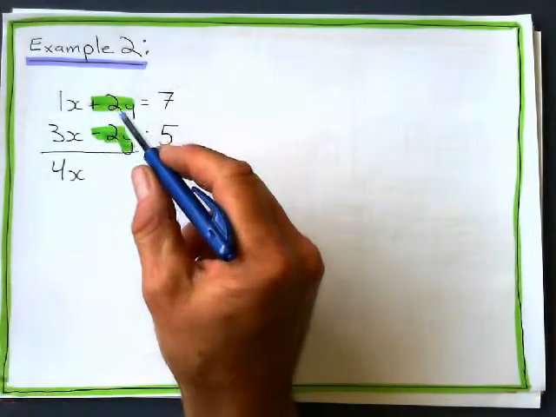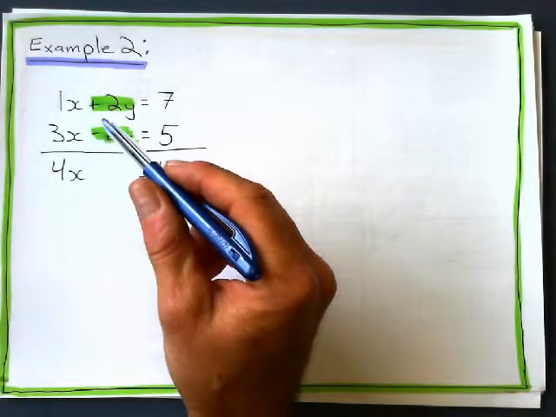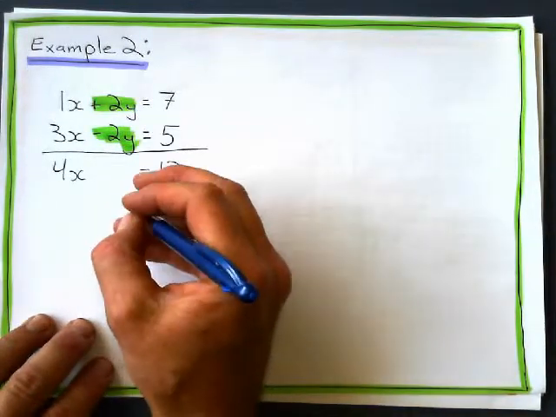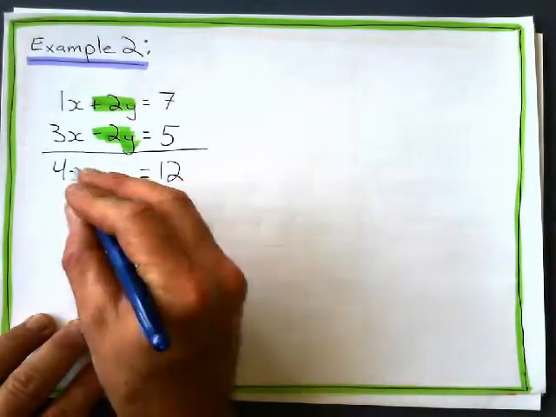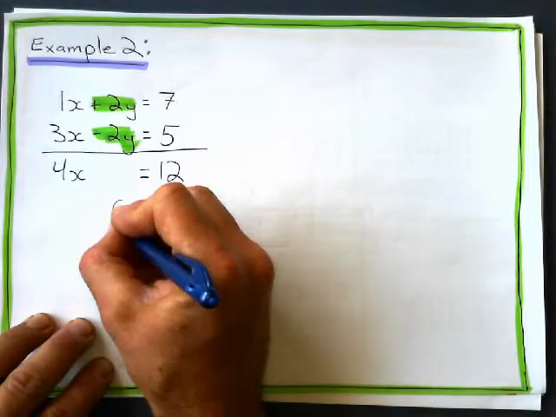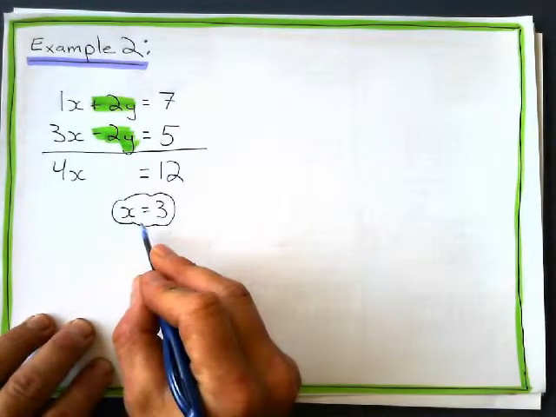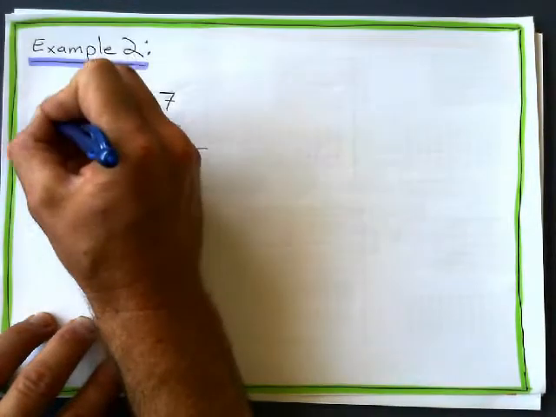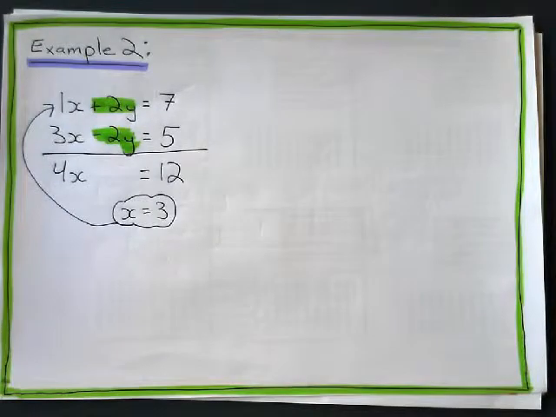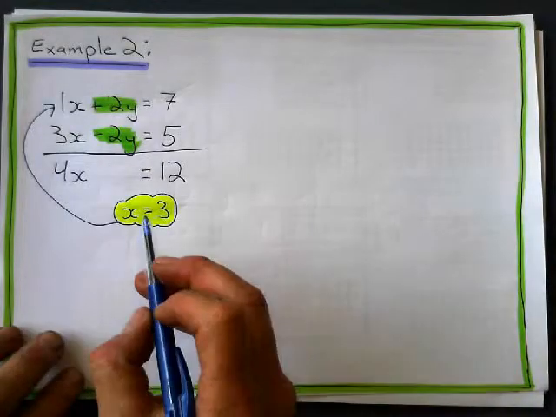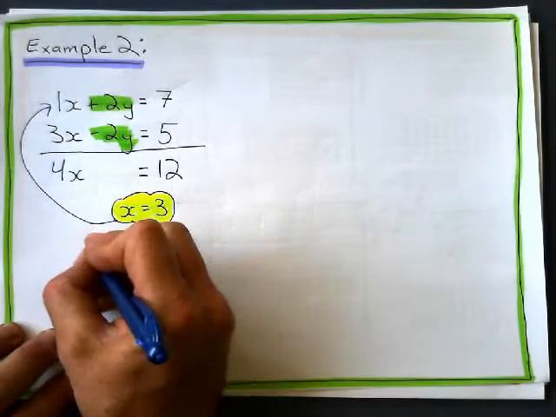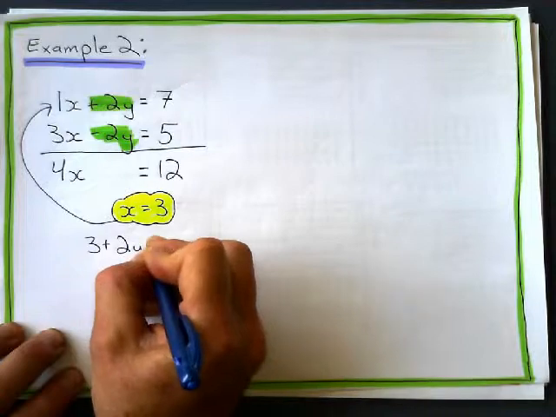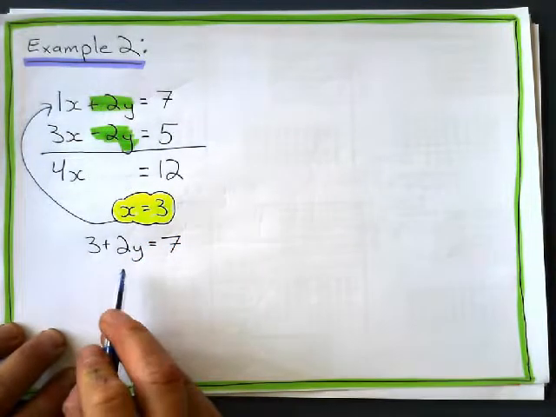And I'm always going to highlight these ones green to show that that's our goal, to get those variables eliminated. X equals 12 divided by 4, which is 3. Okay, now I'll take that 3 and substitute it into either equation, but that one looks a little bit easier. So when I substitute x for 3, I get 3 plus 2y equals 7.